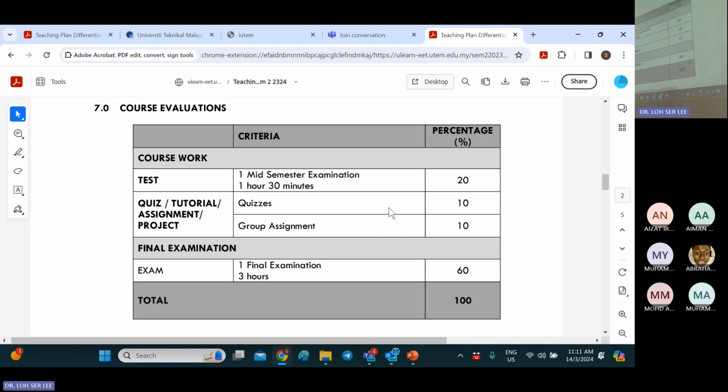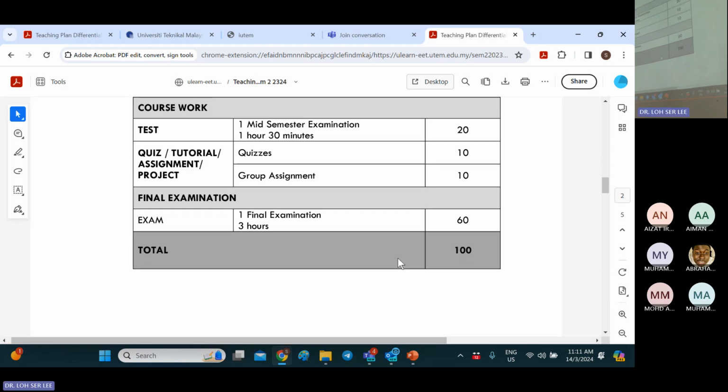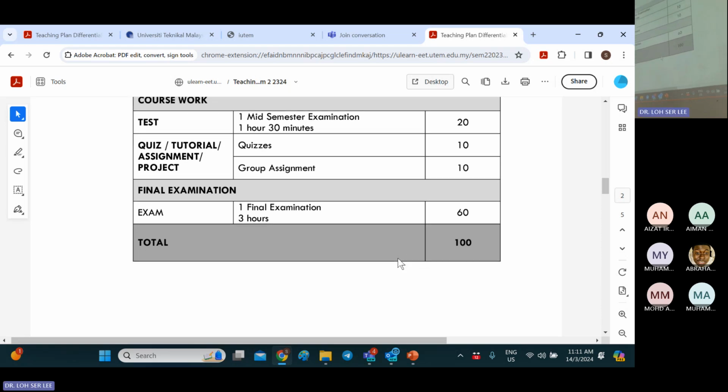This semester, I'm not sure, I think 2. Then 1 group assignment and 1 final exam. You can choose your own group members for the group assignment.